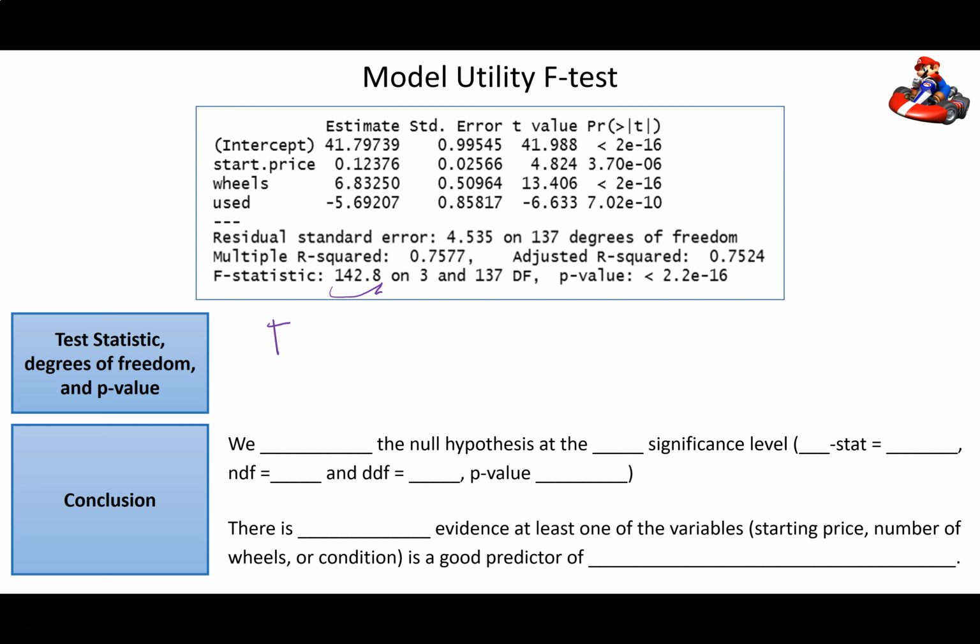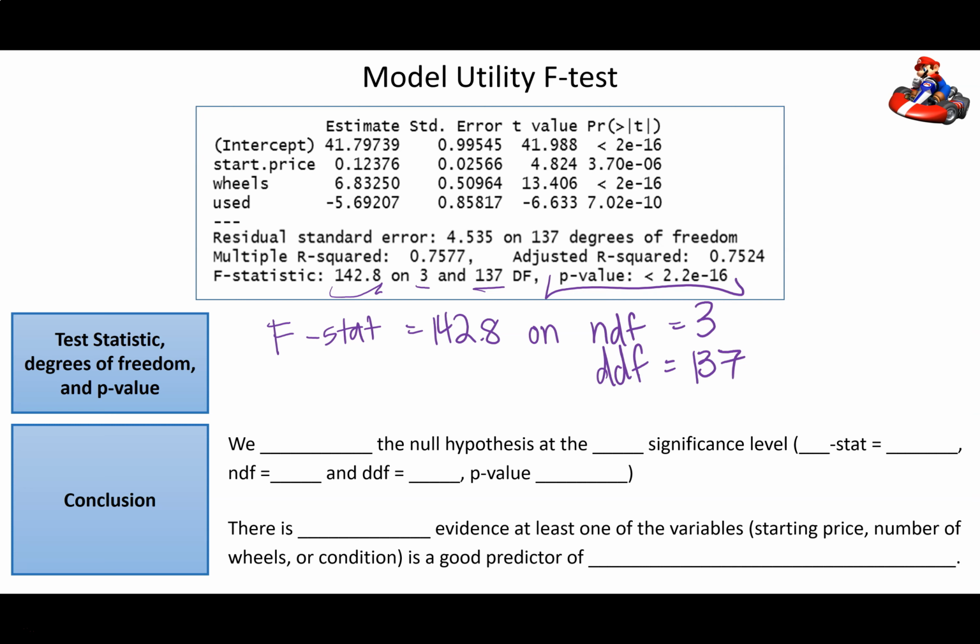I have an F statistic equal to 142.8 on numerator degrees of freedom, which is always the first one we list, 3, and denominator degrees of freedom, so 3 and 137. And I have a p-value that's less than 2.2 times 10 to the negative 16, which is really, really tiny.